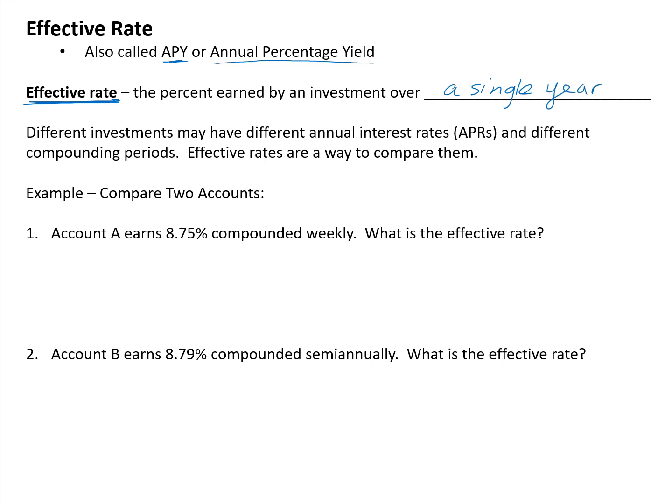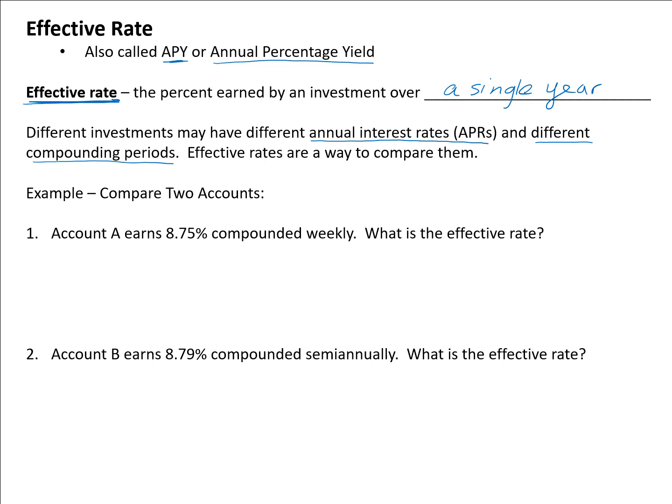Now, what's helpful about that is that different investments may have slightly different annual percentage rates and slightly different compounding periods. If they all had the same interest rate but different compounding periods, we'd know the more compoundings, we'd earn more money. If they have the same compounding periods but different interest rates, we know the higher interest rate gives us more money.